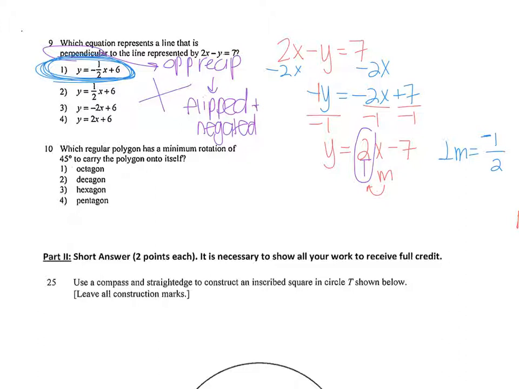The next question says, which regular polygon has a minimum rotation of 45 degrees to carry the polygon onto itself? So I know that I can rotate any figure in total 360 degrees. So I'm going to start with 360, and then if I want to figure out how many sides it has, I have to divide by the 45 degree minimum. 360 divided by 45 will give me a value of 8.